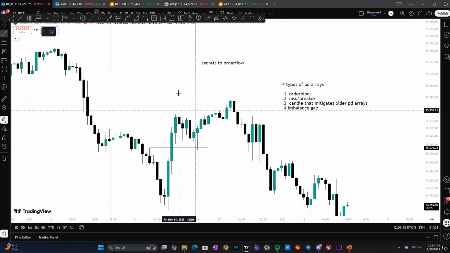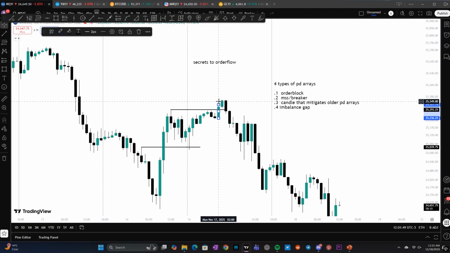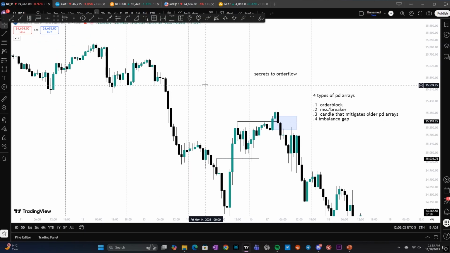As you can see, Friday's high was taken out on Monday. The London session at 2 a.m. takes out the Friday high. This candle becomes prominent because it takes out a major high. Previous orders were taken by this candle. This candle becomes an order block.